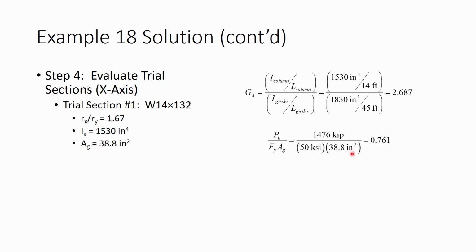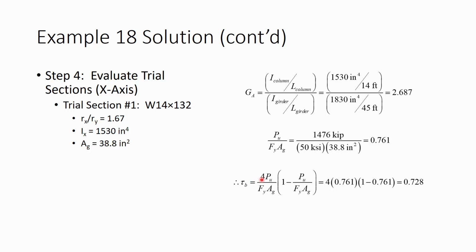Now the equation for when it's over 50% is 4 times that fraction times the quantity 1 minus that fraction. And I know you can see this equation and think, I have to do a lot of computation here, I have to plug in a lot of values. But think, this Pu over FyAg, you've already computed up here. It's 0.761.